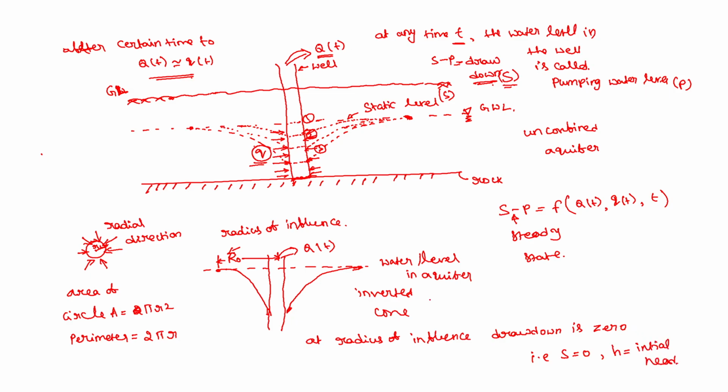So we know what the cone of depression is and what the radius of influence is. Cone of depression is nothing but the drawdown profile at any time t in an aquifer, which is a function of Qt, small qt, t and so on.